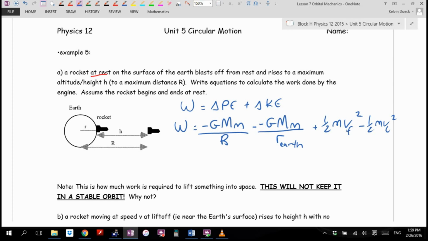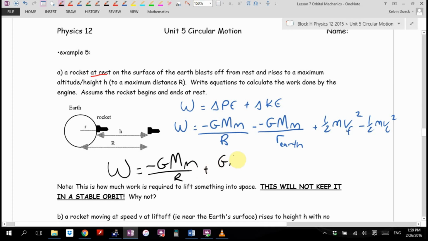What's my change in kinetic energy? So I could cancel it. Here's the equation for this situation: work is going to be negative big G, big M, little m over R plus big G, big M, little m over little r Earth. That's how much work it takes to lift something up.